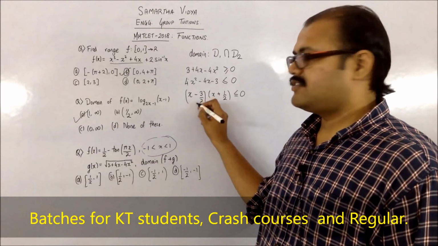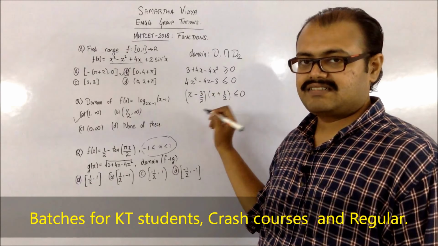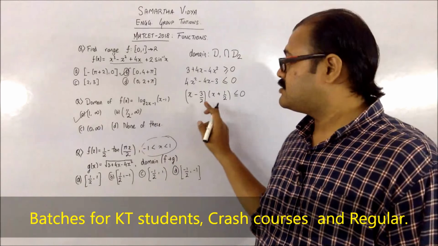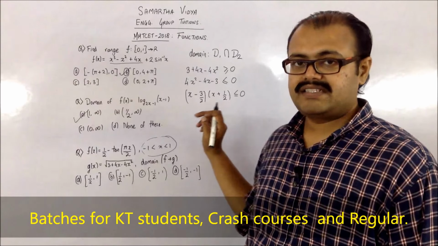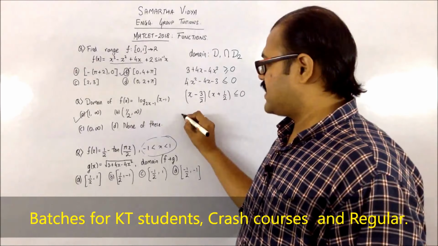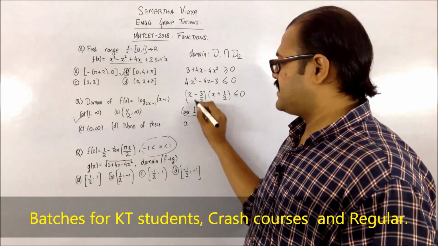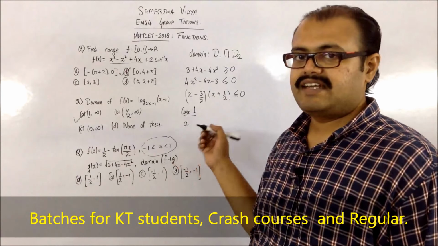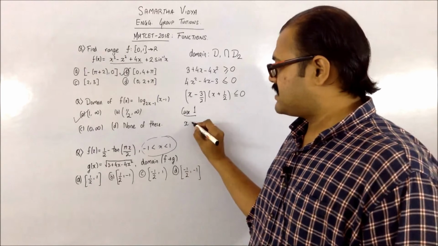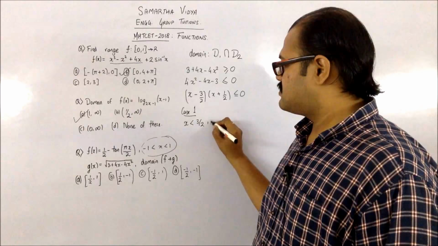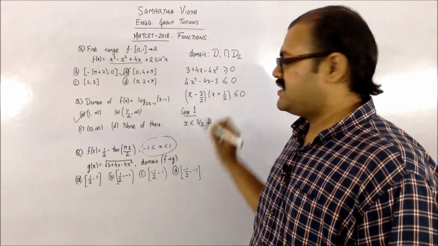The first case wherein you will be having this value as less than 0 and the other value as greater than 0. That means this is going to be the negative one and this is going to be the positive. So case 1 is for x minus 3 by 2 being less than 0, the negative. So that is basically x less than 3 by 2, and the other should be a positive number.